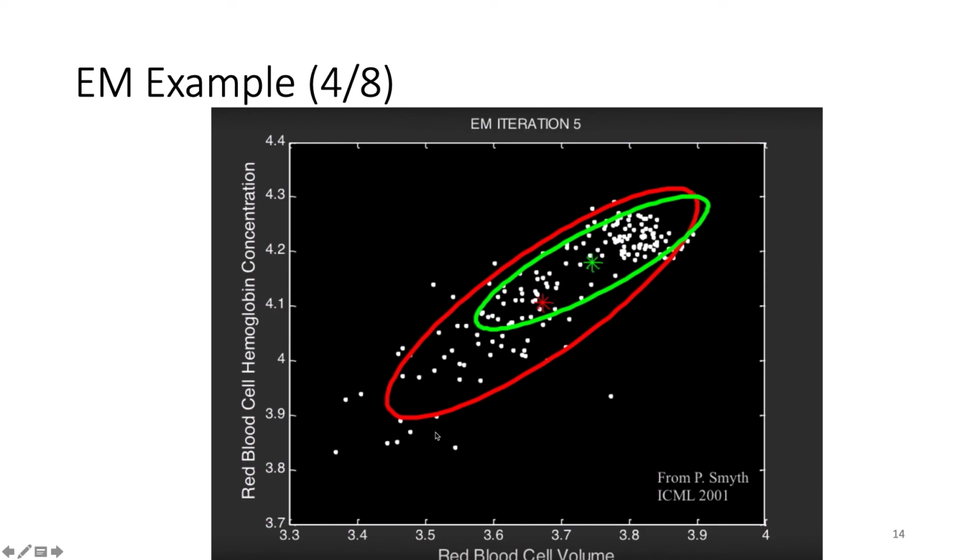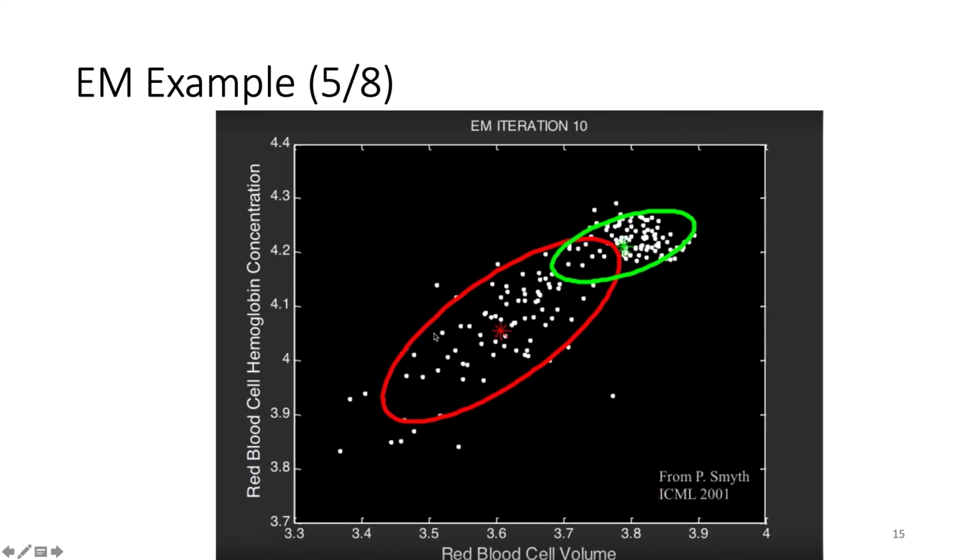It finds a bigger cluster for the red one so that it can encompass these points as well. And the green one keeps shrinking, right? At iteration number 10, the green one is going towards the distribution we thought, and the red one tries to bring the rest inside.